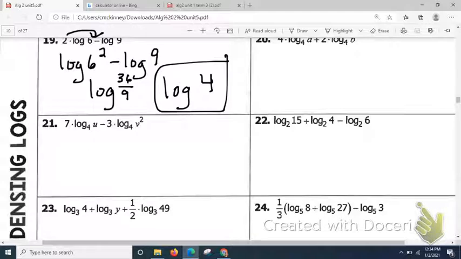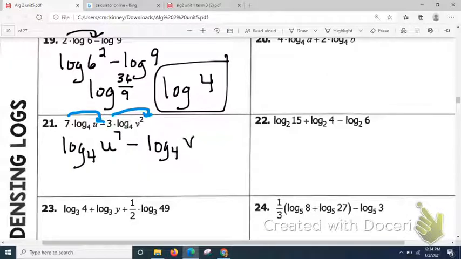So let's move down here to 21. So the 7, he's the exponent that's going to jump on the u. The 3 is going to go over here and be combined with that exponent. So I'm going to go ahead and do that part first. So I have log base 4 of u to the 7th minus log base 4 of v to the 2 times the 3 would be v to the 6th.